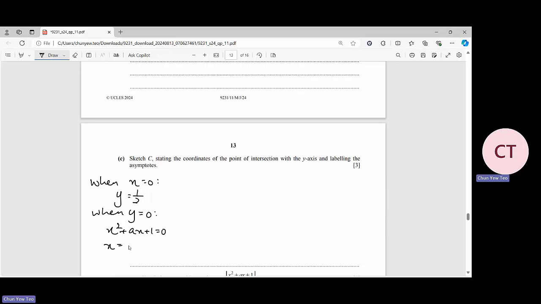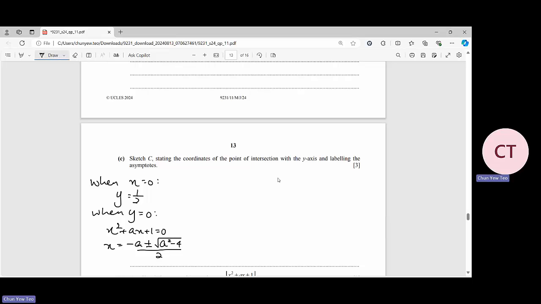Then x is equal to negative a plus or minus the square root of b squared minus 4ac, divided by 2a. So this is a bit complicated to put on the diagram. So we just leave it here, keep in view, just in case we need it. Okay. So far, this is what we need in order to sketch the diagram.